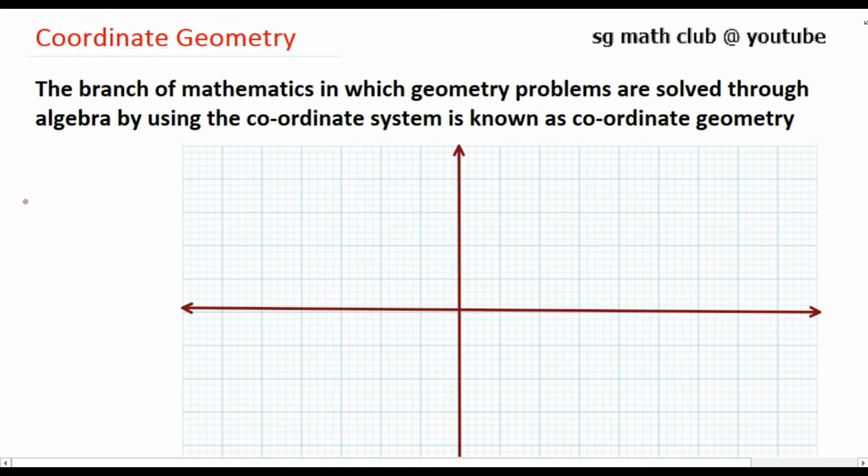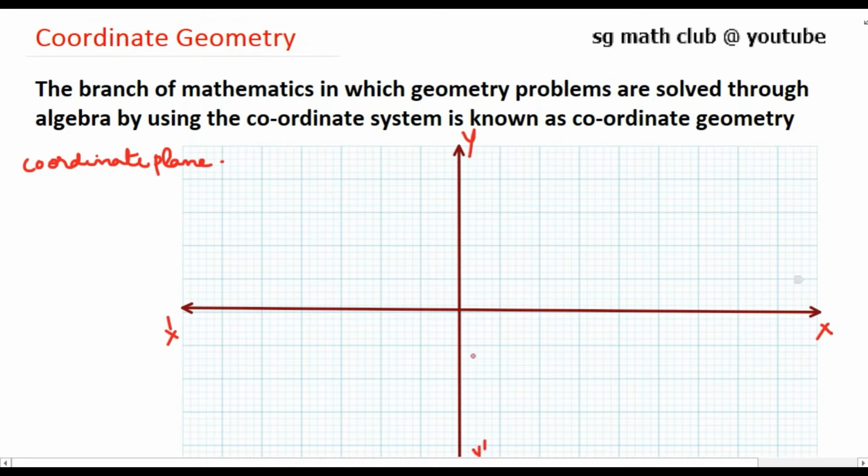So we have two terms here: one is coordinate plane and the second one is coordinate axis. The two coordinate axes are the x-axis and the y-axis. The horizontal line is called the x-axis and the vertical line is called the y-axis. We usually denote them like this.